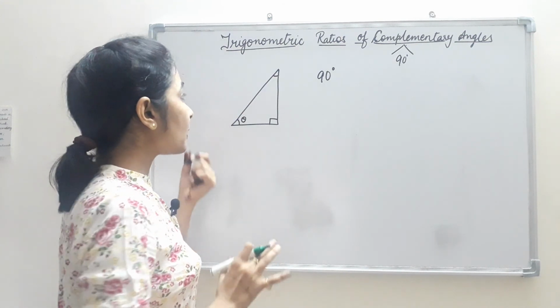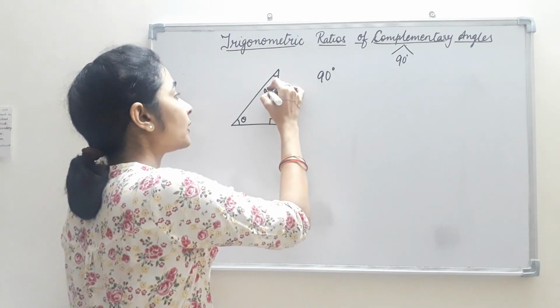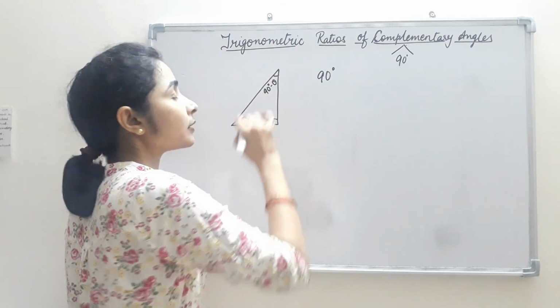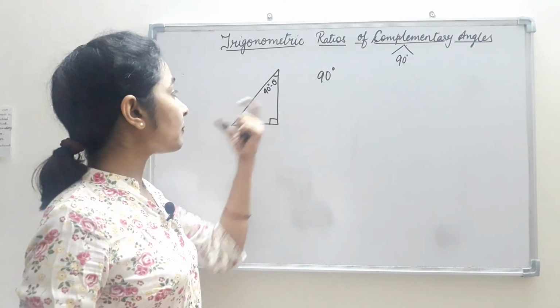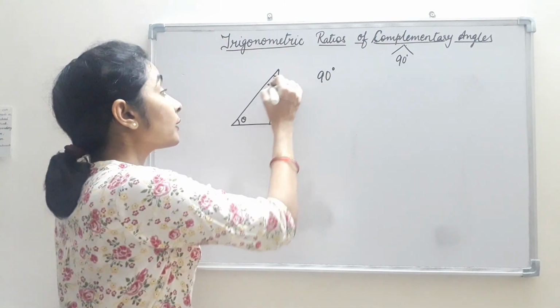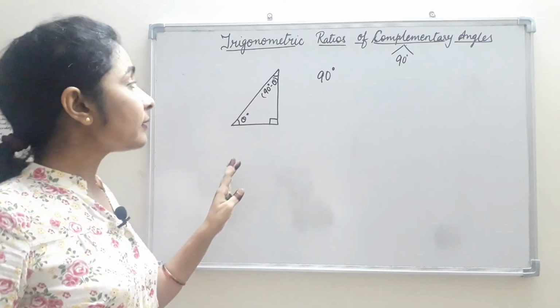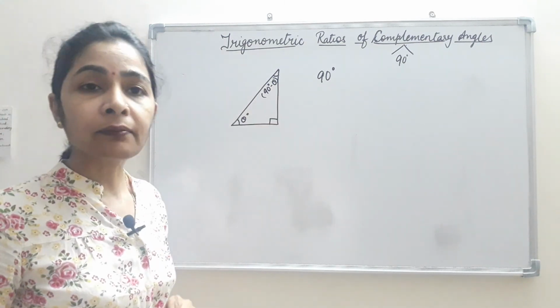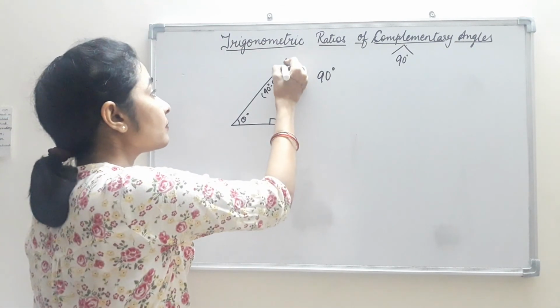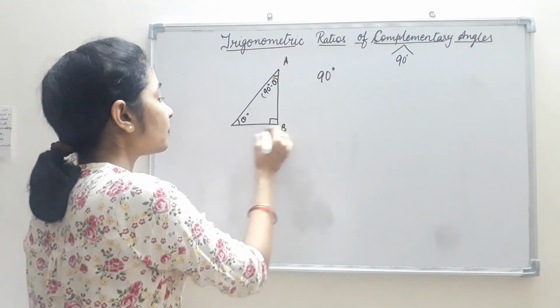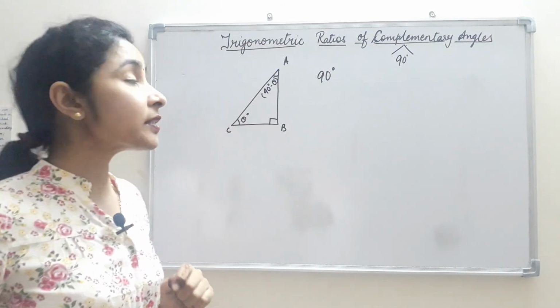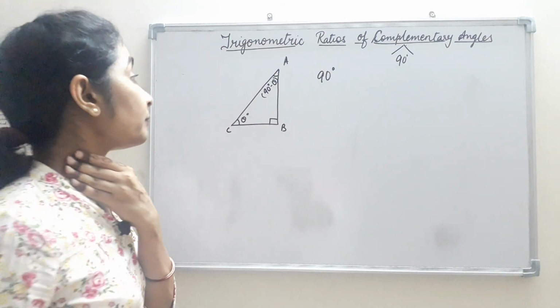So if one of them is theta, then the other will definitely be 90 minus theta degrees. So here this angle is equal to theta and this angle is equal to 90 minus theta. Now let us name this triangle as triangle ABC, which is right angled at B.